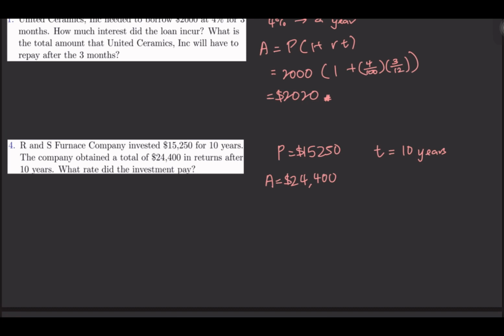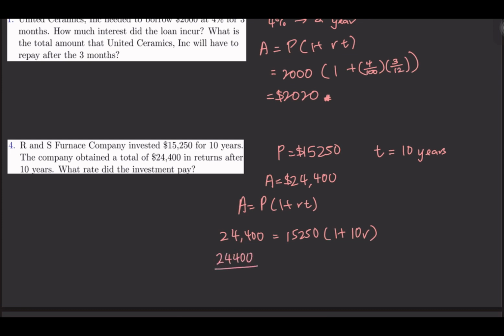Now, we can always use the formula, remember? A equals P(1 + RT). 24,400 equals 15,250 times (1 plus R, we don't know what R is, times T), so 10R. Right? How do we find R? Well, move it over.